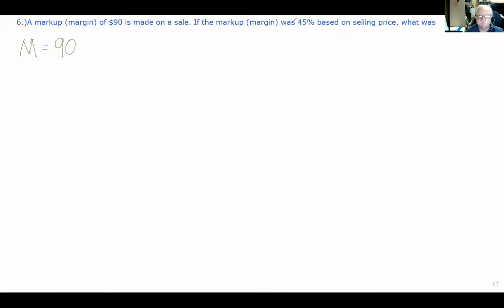If the markup is 45% of the selling price, so they've also told us markup equals 0.45 of the selling price. What was the, for some reason I've lost the end of this sentence.